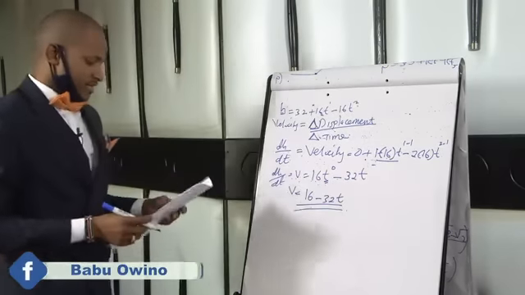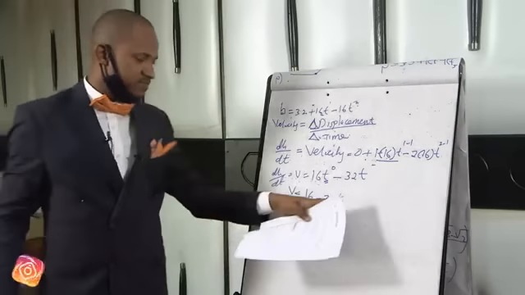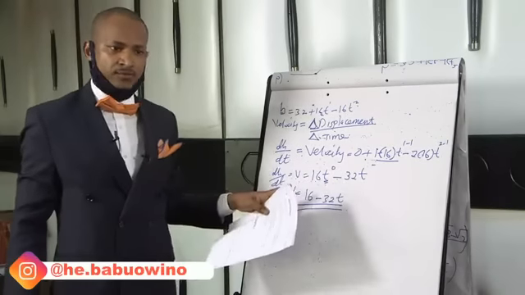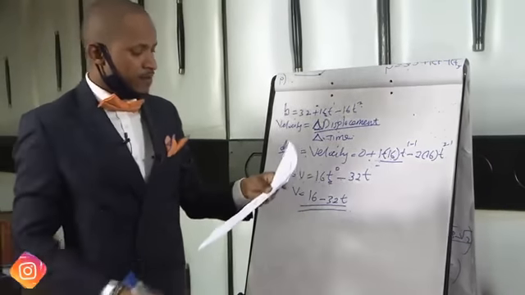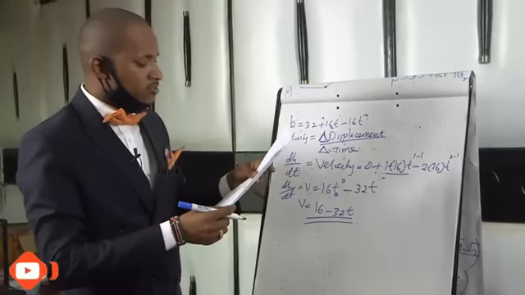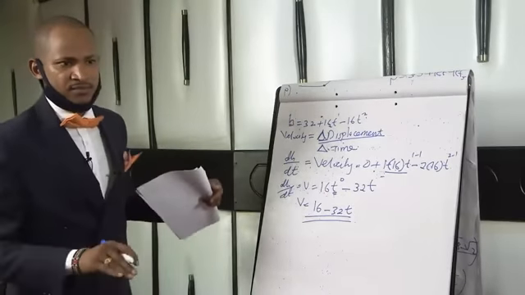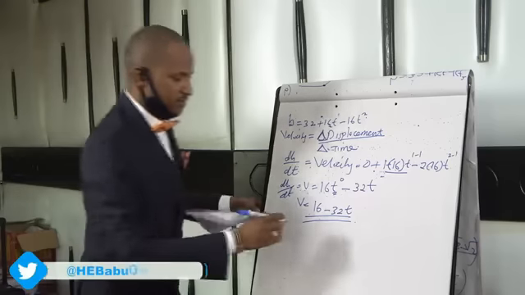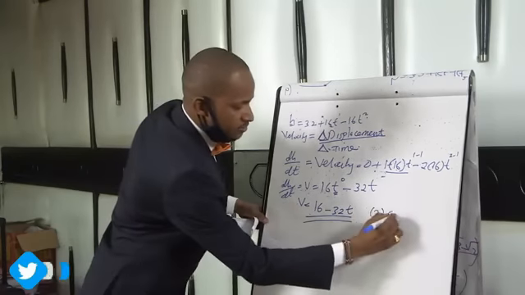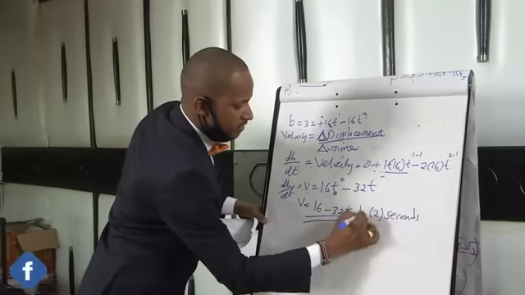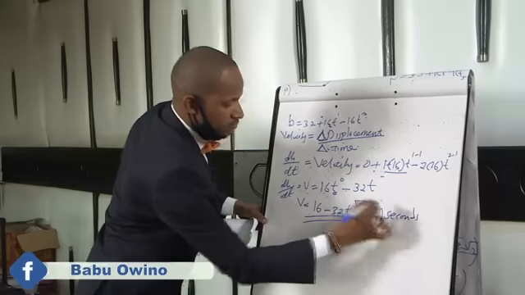But the question is telling us to find the value of this velocity when he hit the water surface. We remember that the time taken to hit the water surface was 2 seconds. So t is equal to 2 seconds.